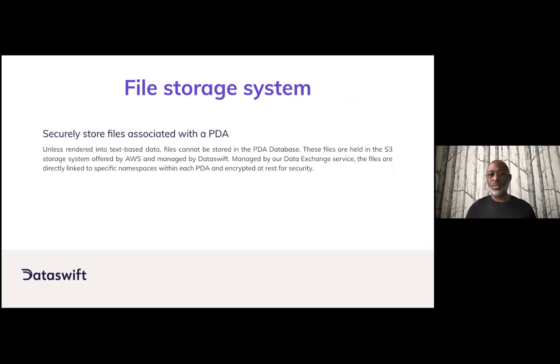So we will allow these to be stored in an S3 storage system managed by Dataswift, but those files are then directly linked to the namespace for each individual PDA, so that they are the only people who can access the file, or in the multi-tenant scenario, the other entity and enterprise that's associated with it. Obviously, it is all security encrypted so that the files are not visible when they're at rest.